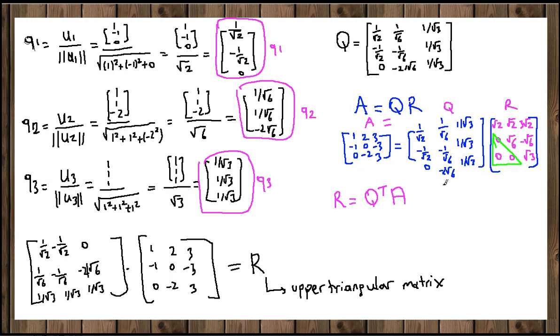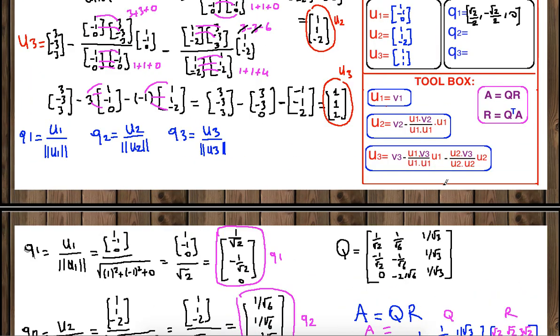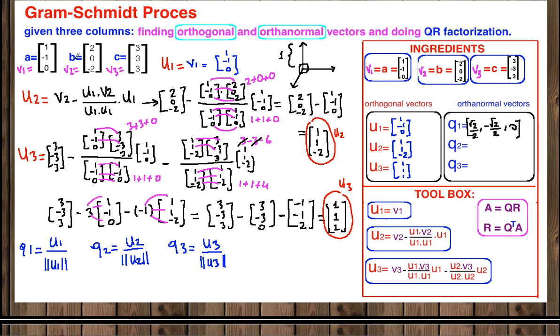So let's sum up. We started with 3 columns given. And using these 3 columns, we found our orthogonal vectors, which are perpendicular to each other. Then we divided each orthogonal vector by its magnitude to find our orthonormal vectors, which have length 1.